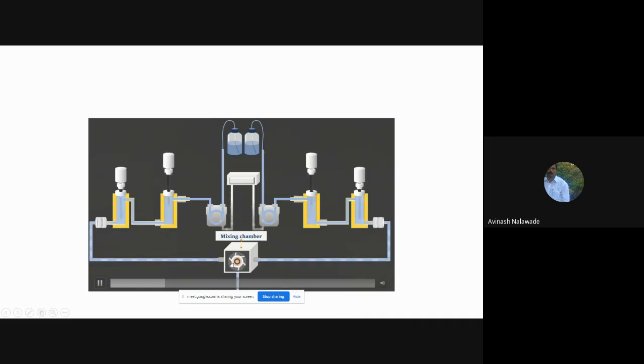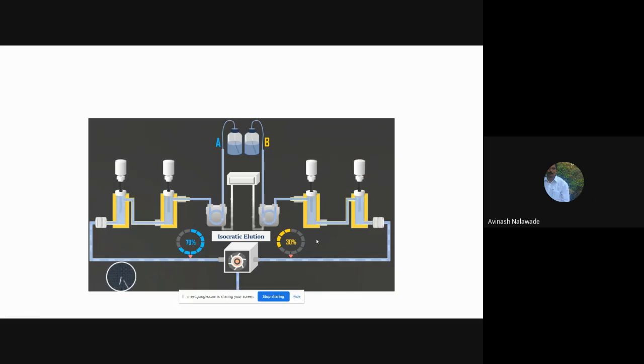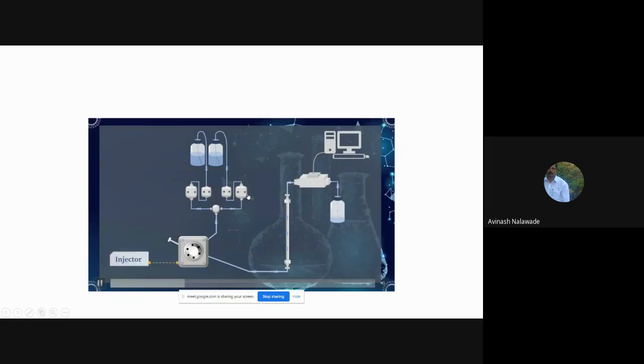Then in this mixing chamber, these solvents are mixed. In isocratic, the composition of the solvent remains the same, and in gradient elution the composition changes. So you can see how by means of these two pumps, and by all this technique, the solvents are mixed. Okay, then about the sample injection.